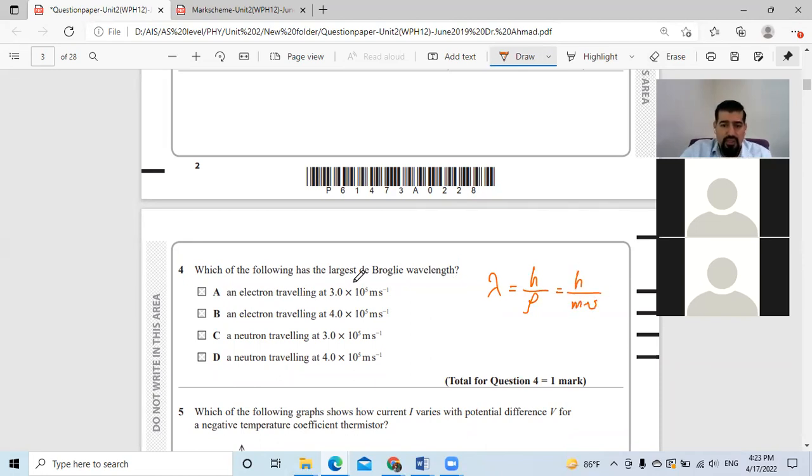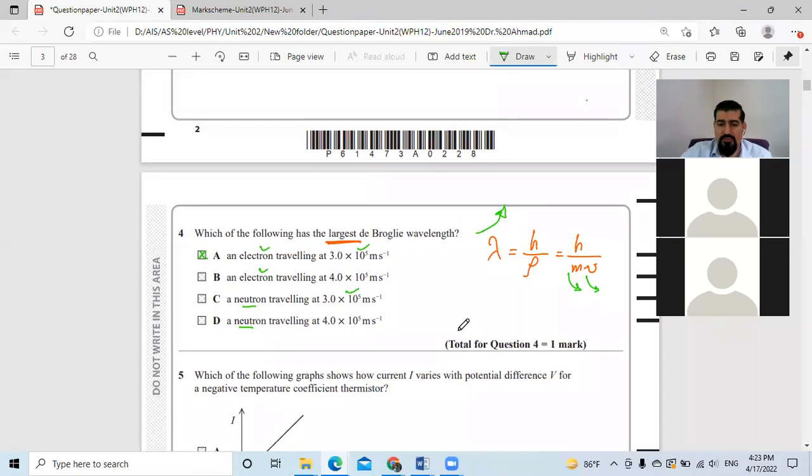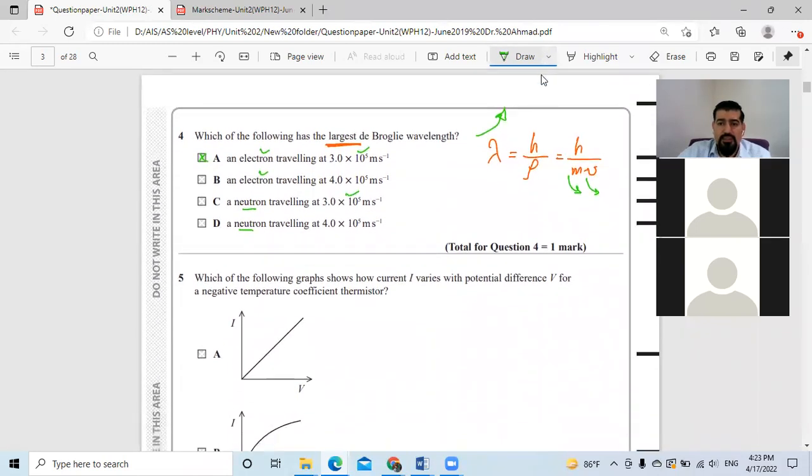To have the biggest wavelength, that means the smallest mass and the smallest speed. The electron has a smaller mass than the neutron, and a smaller speed, that means 3 times 10 to the power 5, not 4 times 10 to the power 5. So the answer is A. Thank you, Noor. Yes, thank you, Hamza. Okay, next.